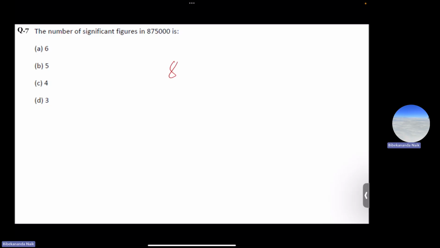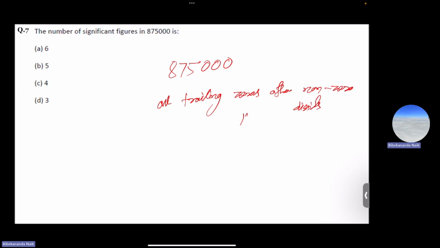The number is 875,000, and we know all trailing zeros after non-zero digits are not significant.